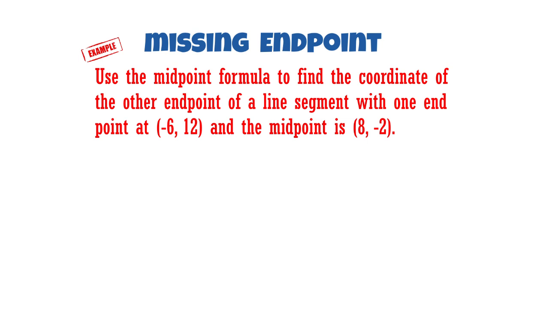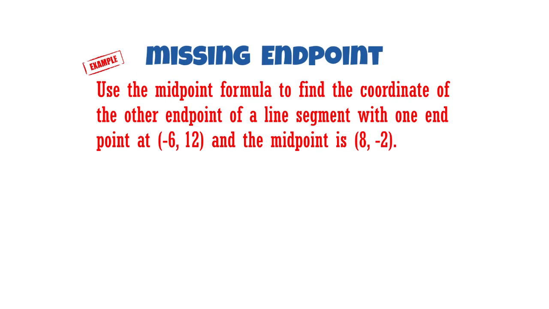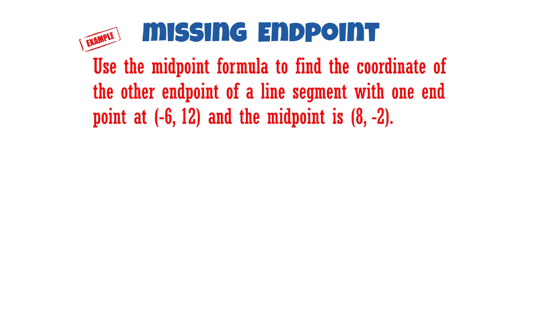All right, so what I'm looking for is some other point. If I called this first one point A, then this would be point B, let's say. And I'm just going to call it X comma Y because that's what I'm searching for.